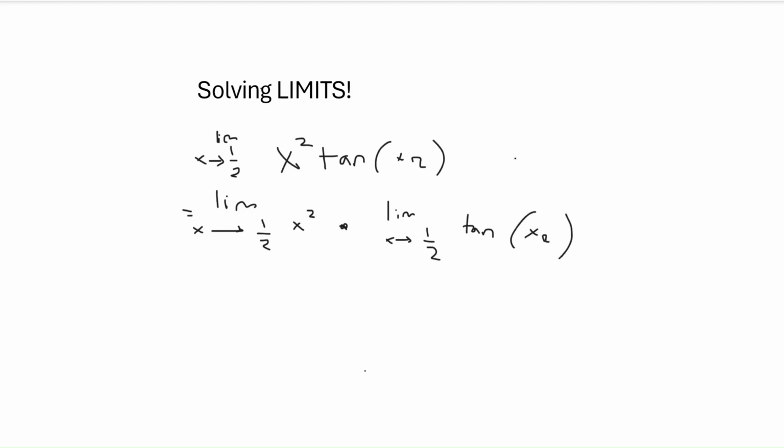So now, on the side, we unfortunately cannot plug in, as the half in this case would give you an undefined value. So tangent doesn't exist at that point, but what we can do is we can simply find that graph.